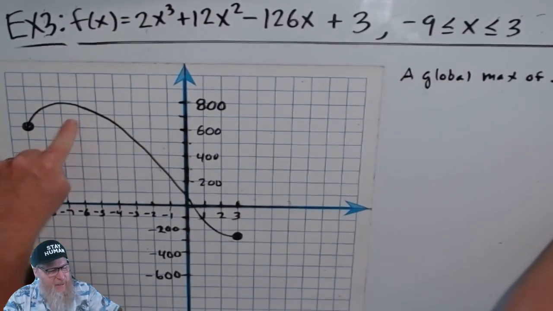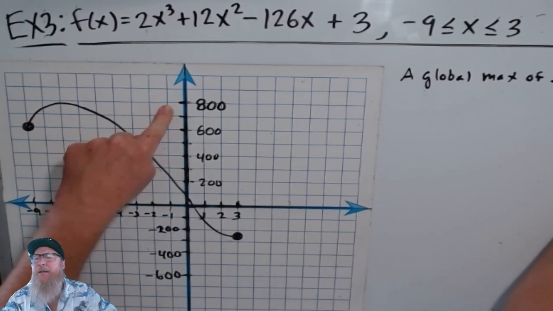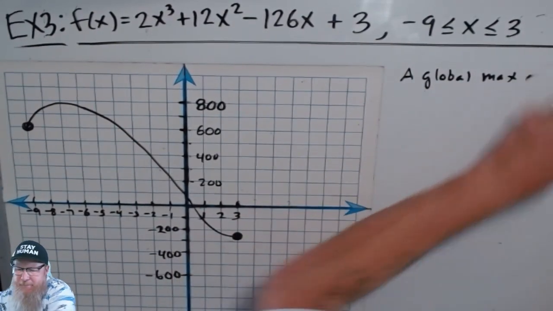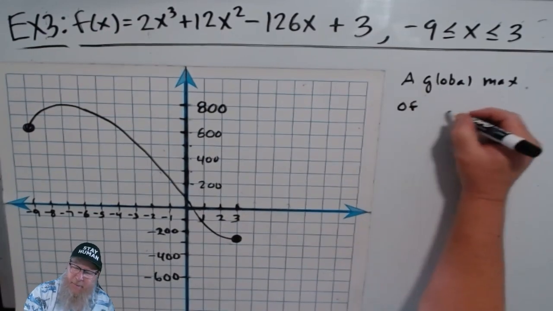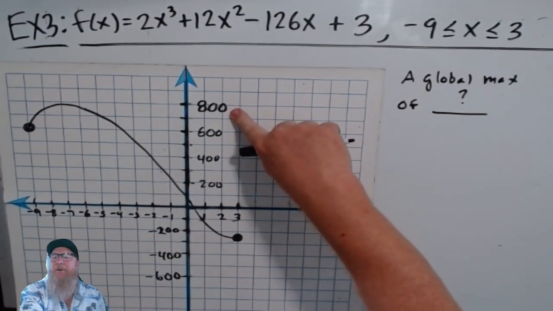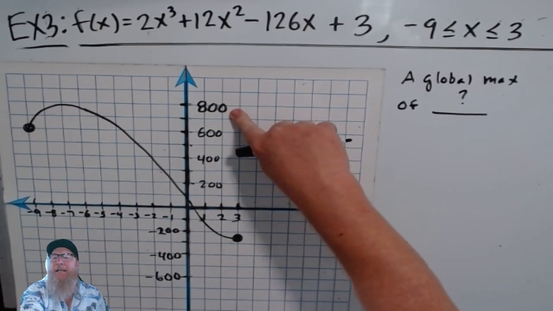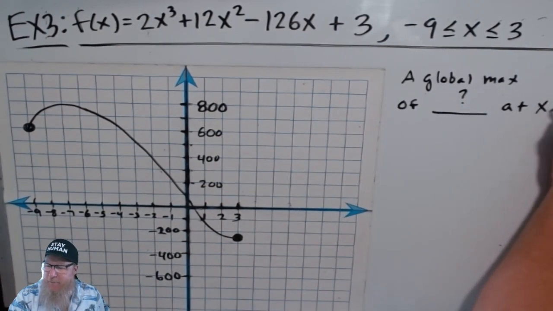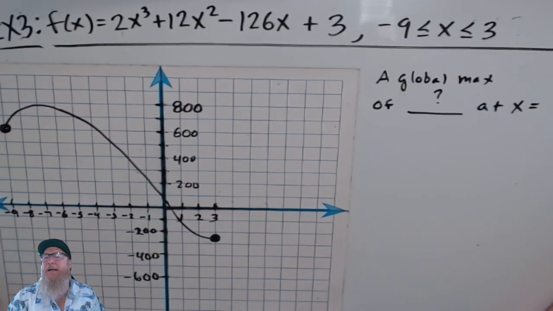Now, it looks like it's close to 800. But I don't want to trust it. I can estimate it about 800, but I should probably plug it in to see. And so that's where the x value comes into play.